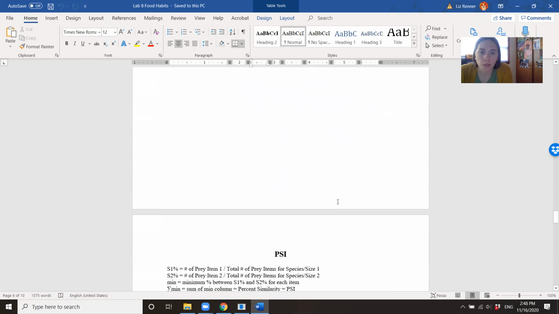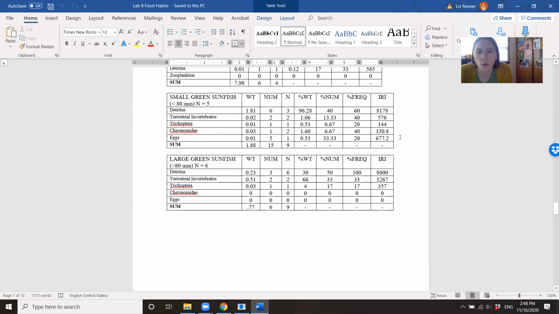Then going down, next I want to look at green sunfish. Green sunfish are pretty much the same in terms of detritus. There's a little bit of difference in the terrestrial invertebrates between small and large. The Trichoptera, there's a bit of a difference. And then for the chironomids and the eggs, there's a stark difference in those IRIs.